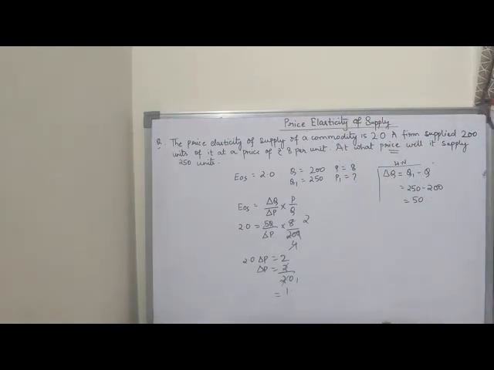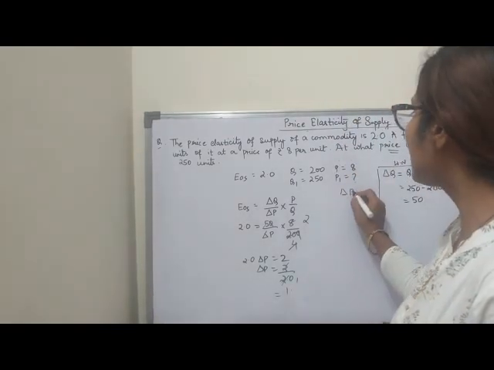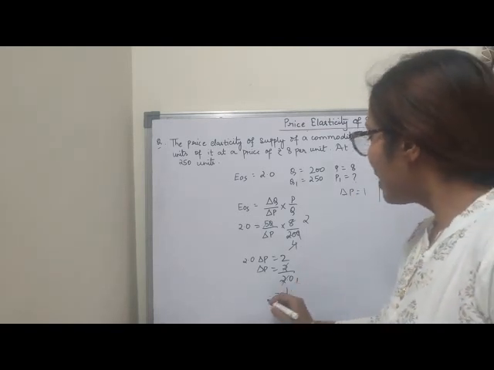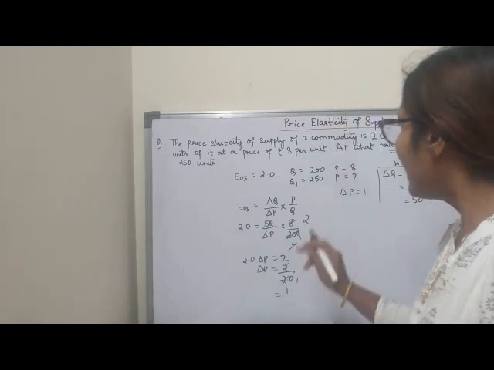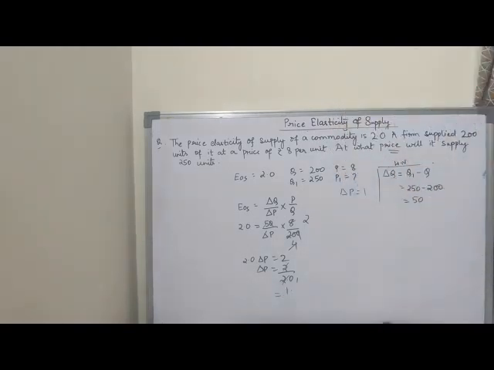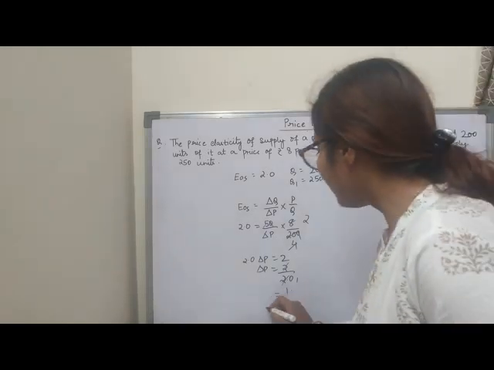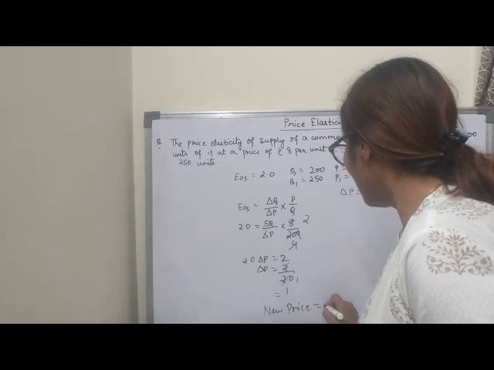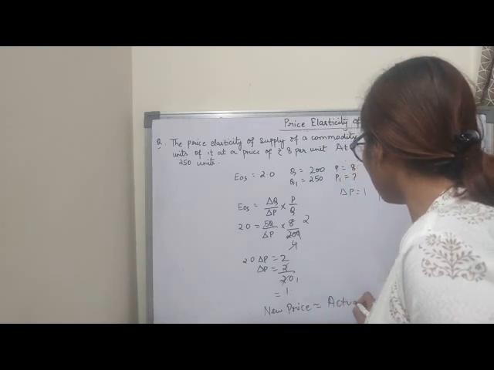Now change in price, how much is it? Change in price is 1. Clear? So what you will write? At what price will it supply 250 units? So what you will write? New price. New price is equal to actual price.